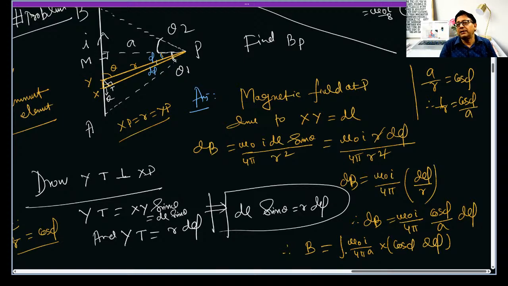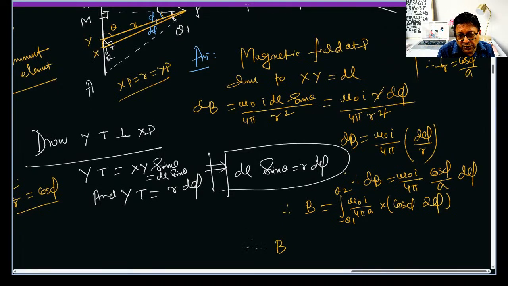Limit of phi will be what? With phi only you are covering the whole wire. If you rotate in this manner, the upper part is covered. If you rotate in this manner, the lower part is covered. One is in clockwise sense, the other in anti-clockwise sense. So one direction of angle is negative, the other positive. So you take the angle below as negative, minus theta 1, and this is theta 2. Clear?